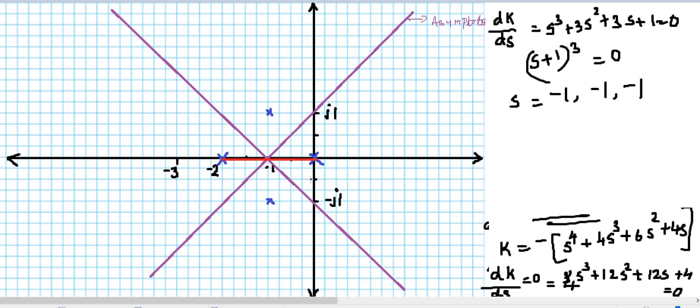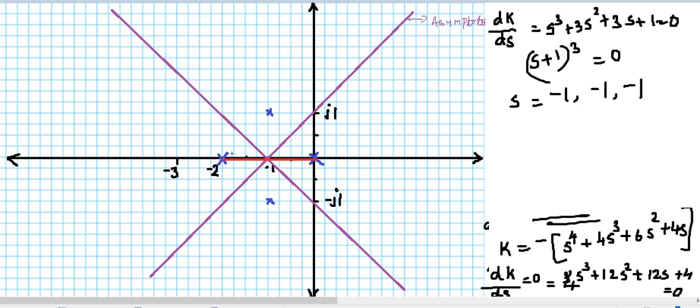So we already know 0 to minus 2 is included in the root locus, and we got the breakaway point as minus 1. That means the two root locus branches starting from minus 2 and 0 will meet here at minus 1.